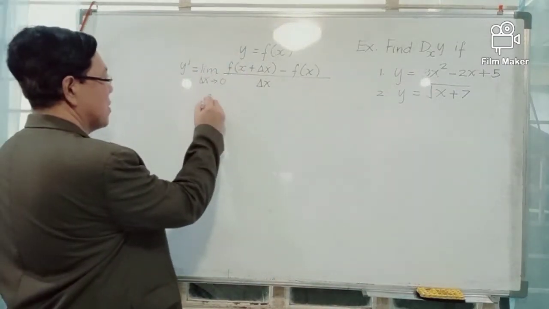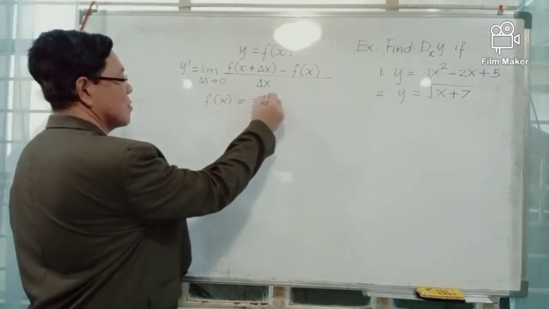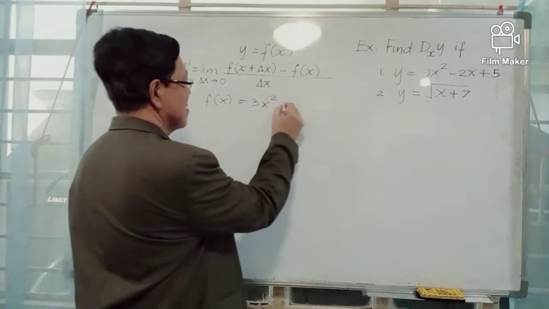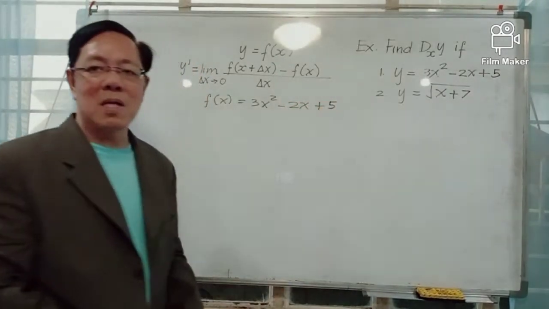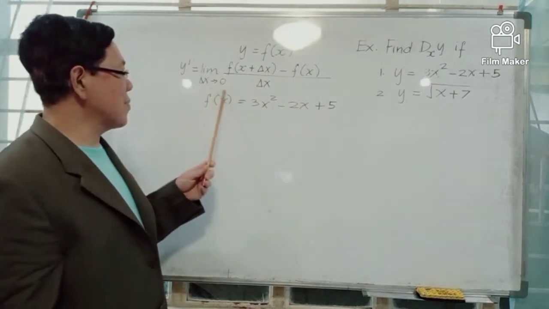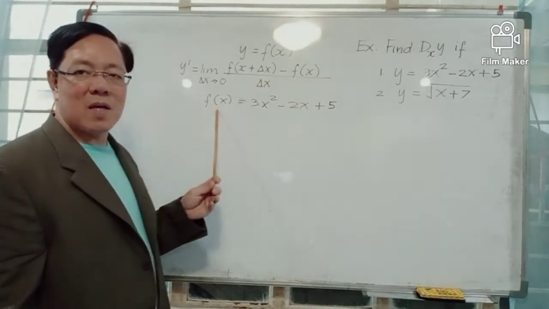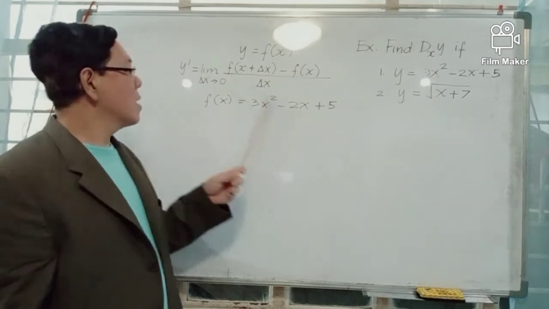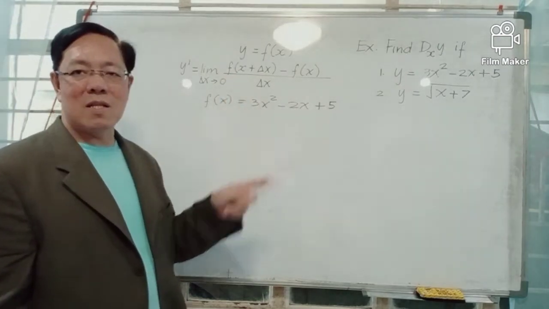We write f of x equals 3x squared minus 2x plus 5. In the definition of derivative using limit, we need f of x. In number 1, f of x equals 3x squared minus 2x plus 5. And from f of x, we obtain f of x plus delta x.